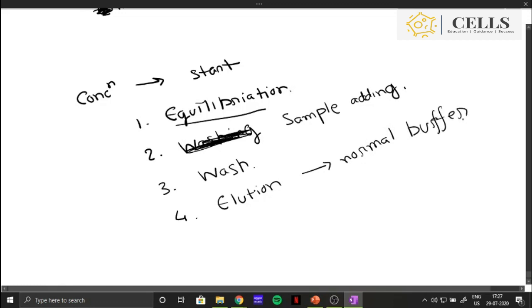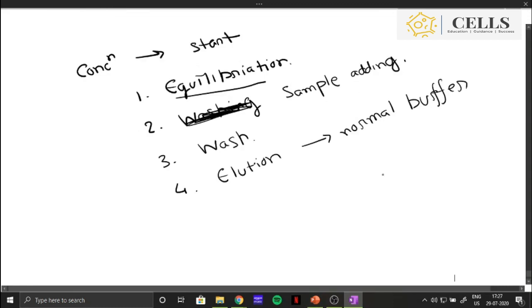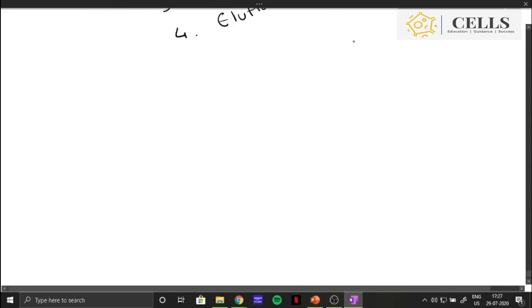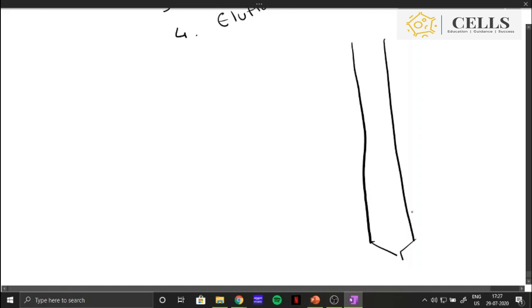Suppose you have a long column. You use buffer, then you use your sample, then you use the same buffer.